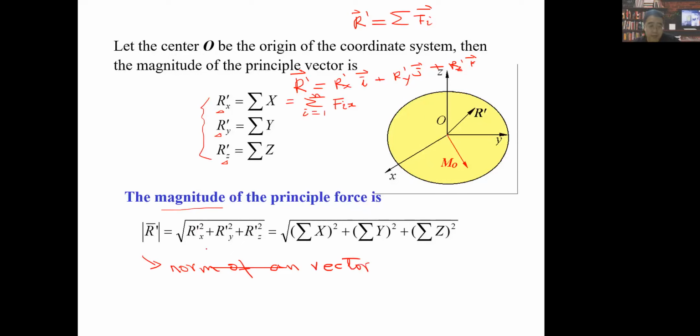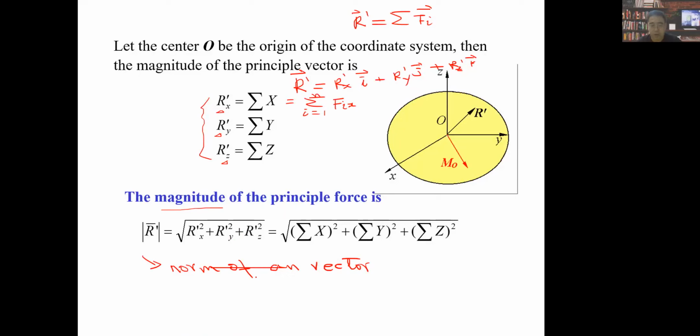Whatever the vector is like, it just has three components. So we can use this equation: this one squared plus this one squared plus this one squared, right? That's how we can find the magnitude of the principal vector or principal force.